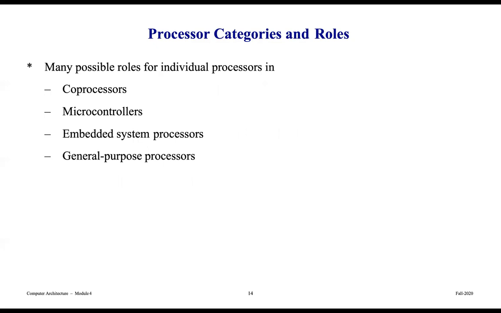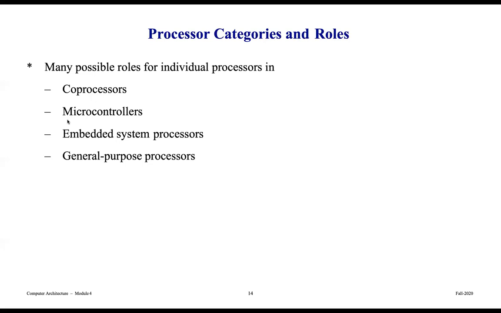What types of categories and roles are there in terms of processors? You can have coprocessors, which have a more dedicated function. A GPU, a graphics processing unit, is an example, and sometimes those can be used as a computational engine to make things run faster. You can have microcontrollers.